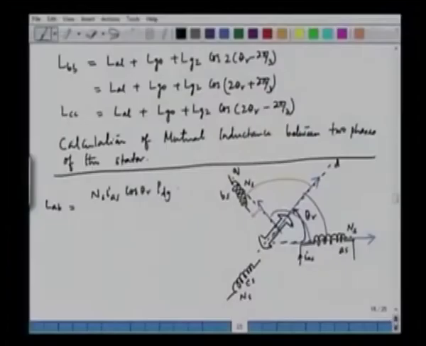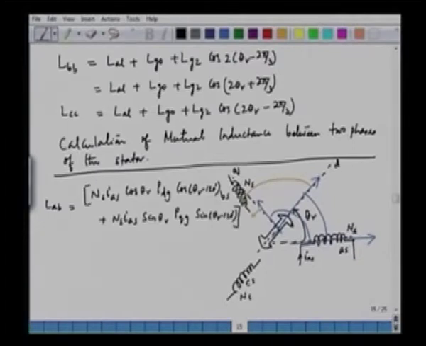So, we can just write down, in this case it is cos of theta r minus 120, and then plus ns is, we can again find out the sine component for the q axis, sin theta r into Pqg into sine of theta r minus 120, and that is multiplied by the number of turns of phase B. Phase B is having a number of turns of ns divided by the current of phase A, that is is.